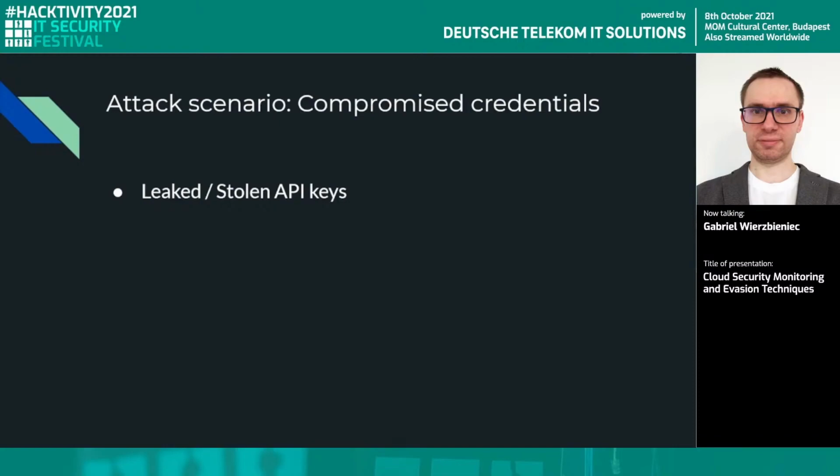So that's why I'd like to focus on a scenario where the attacker is actually using some kind of credentials to interact with cloud APIs. And our adversary is trying to stay silent.